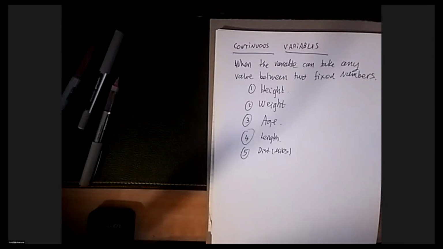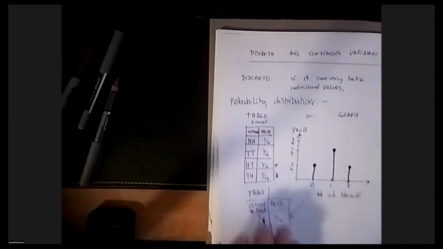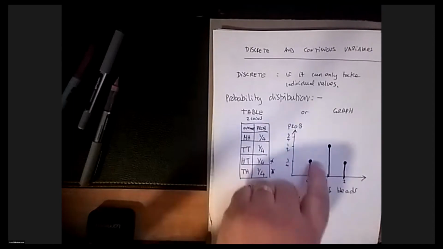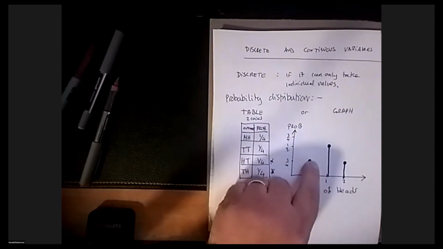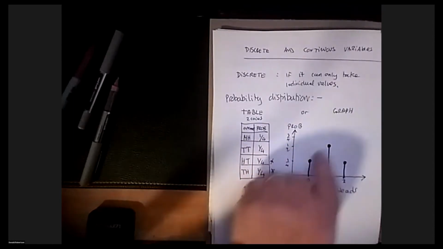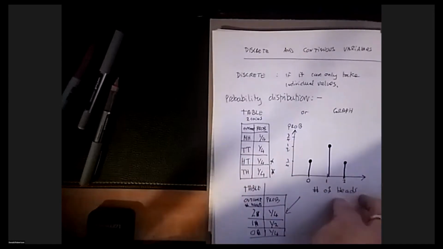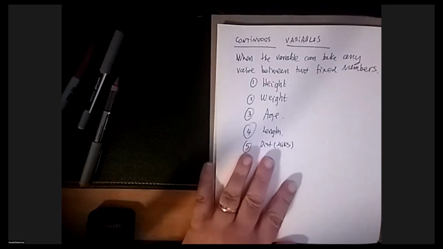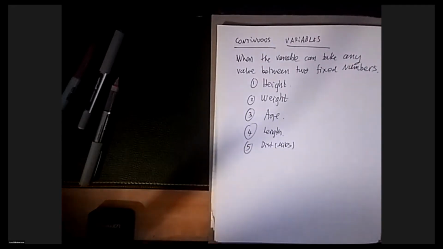Now, remember we did the probability distributions of discrete variables, and you could either get tables or a probability distribution graph, which is this. So how does that look when you're talking about continuous variables?